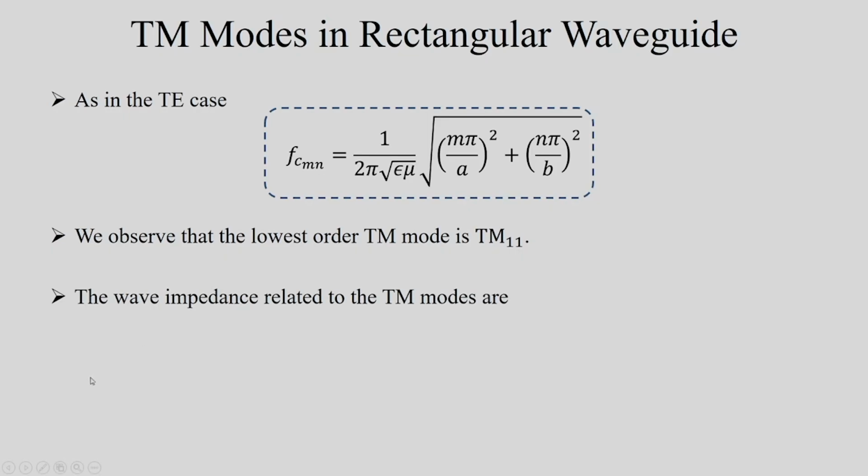The wave impedance related to the TM modes can be found out in the same manner as in TE. It is Ex by Hy is equal to minus Ey by Hx. Now, here in this case it is beta eta by k.